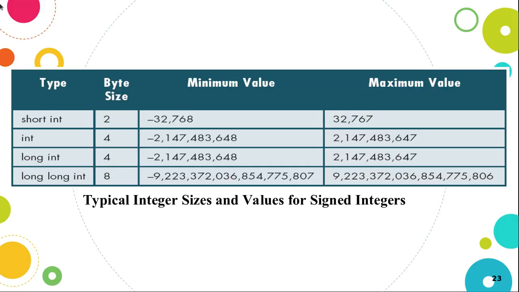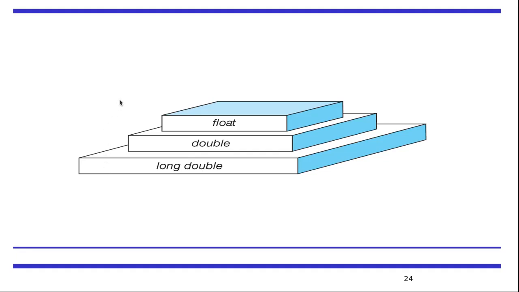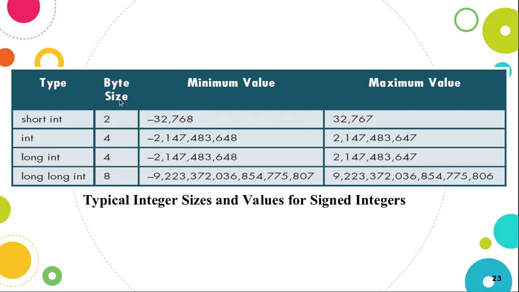After that, you see what I have written: short int, long int, byte size, minimum value and maximum value. This byte size is basically a compiler dependent thing. Depending on hardware configuration, whether it is 32-bit or 64-bit, this byte size may change and vary across different operating systems and scenarios.